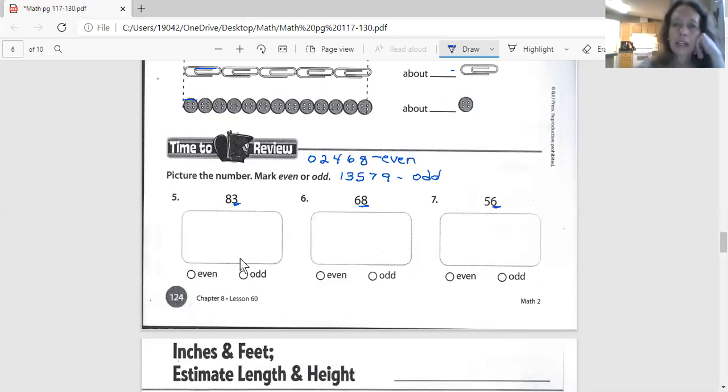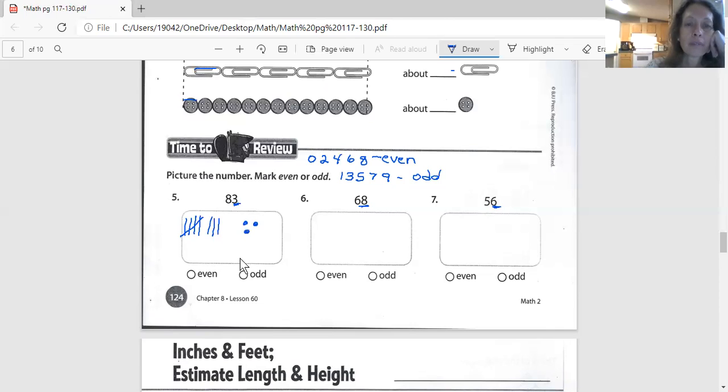Okay? And here it's asking you to draw sticks and spots. So how about if I give you a freebie on this one? We're going to draw some sticks and spots. For the number 83, we have 8 sticks, 2, 3, 4, 5, 6, 7, 8 sticks, and 3 spots.